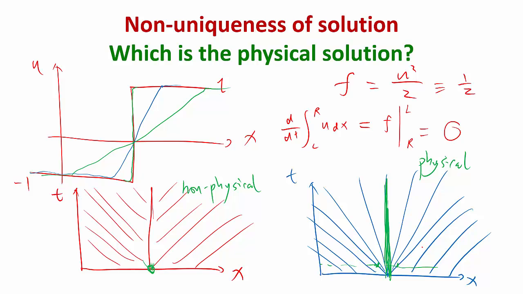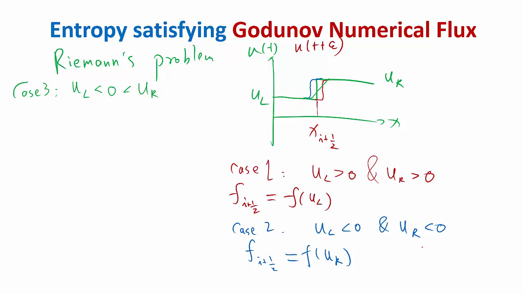Information stays. This corresponds to the value of the solution where the characteristic stays straight, df du equal to 0, or u equal to 0 for Burgers equation. So in case 3, after infinitesimal time, the solution here is actually 0.